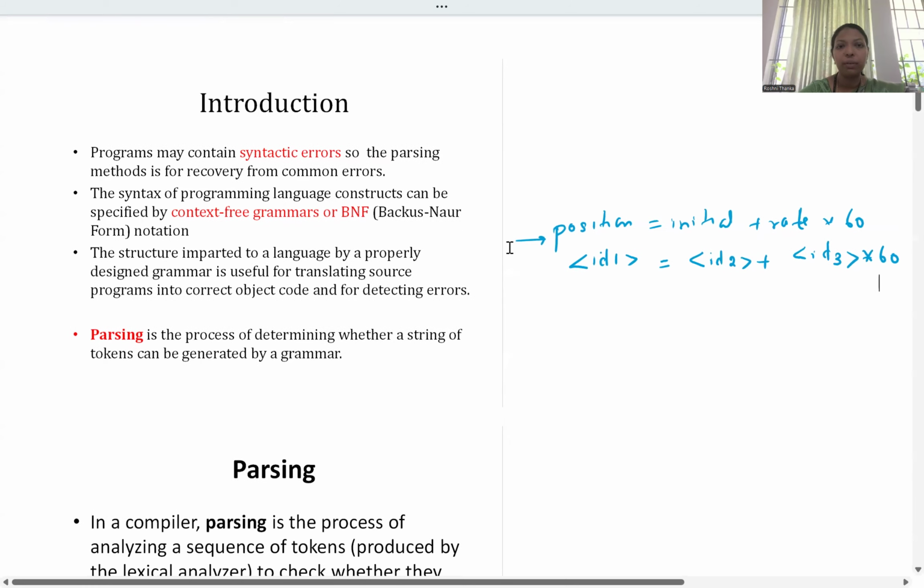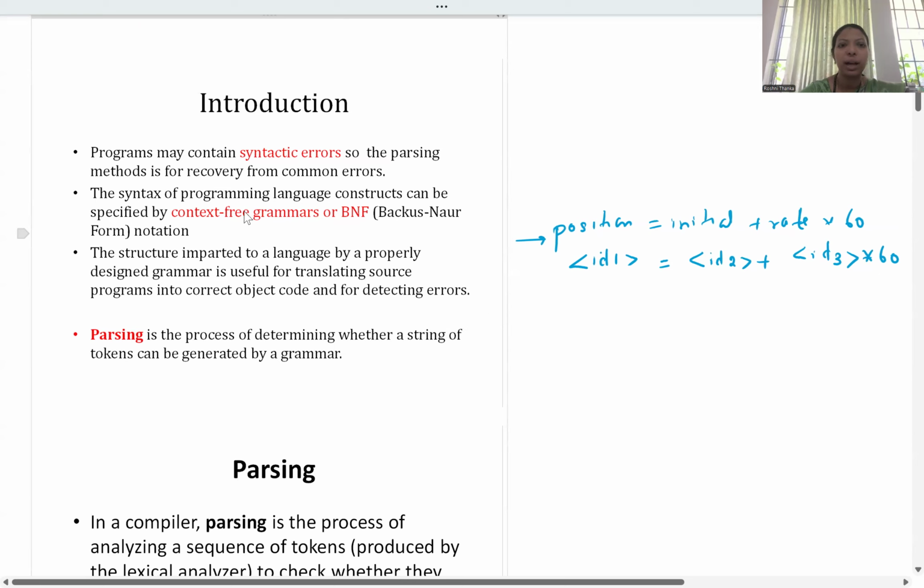This will find if there is any syntactic mistake in this sequence of tokens. If there is any syntactic mistake, it will find it. So how does it find the syntactical error? For that, we have context-free grammar, also called BNF.